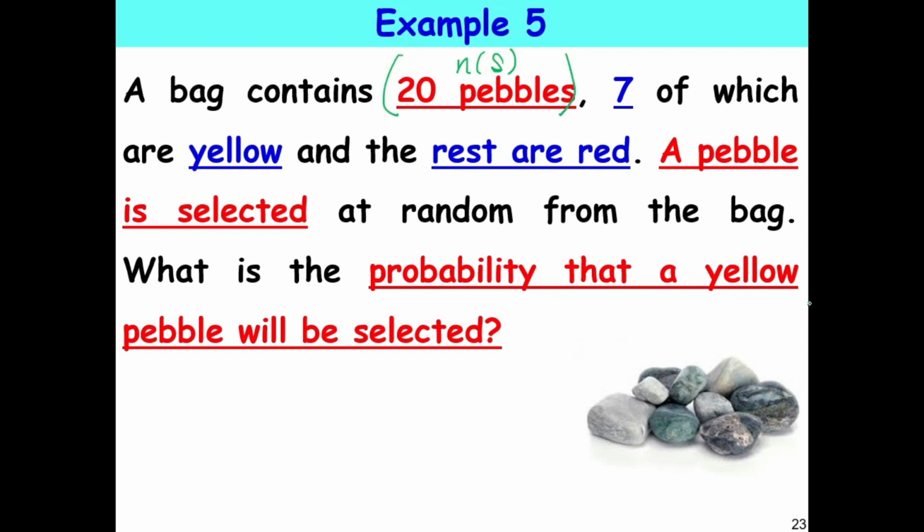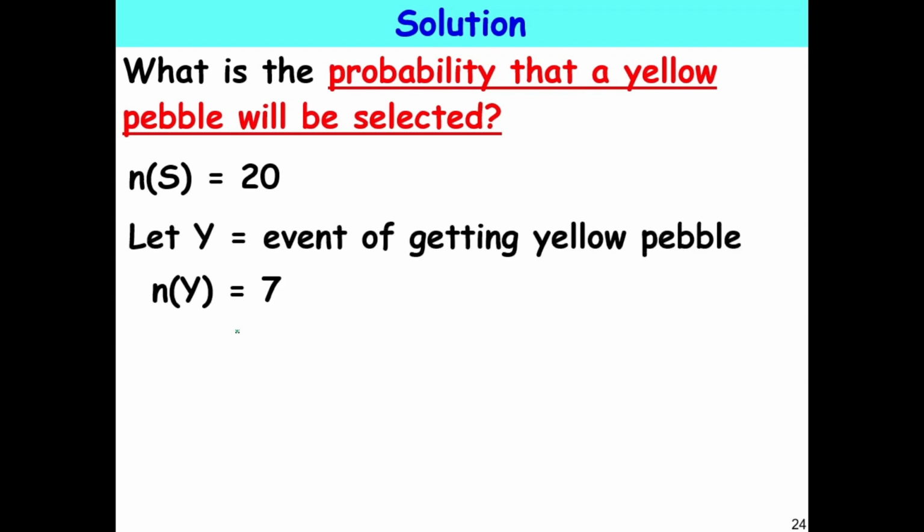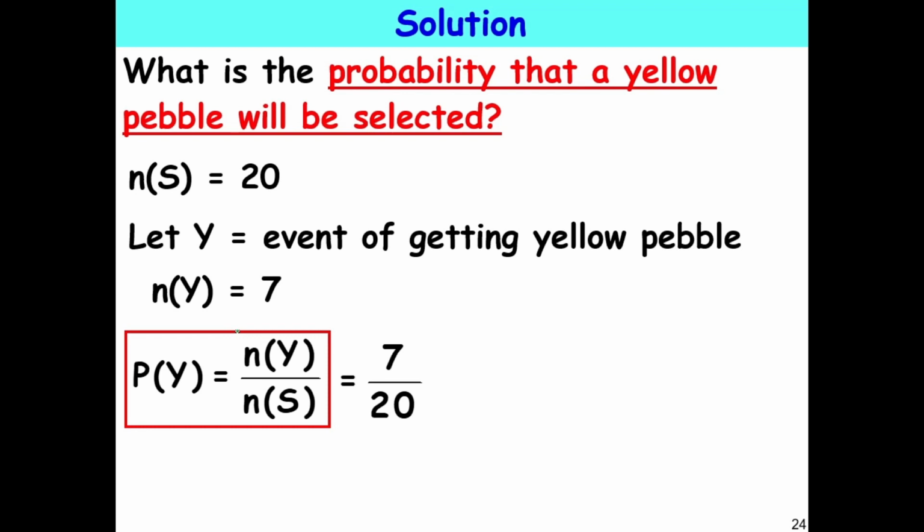The event now is the event of getting a yellow pebble. So let Y be the event of getting a yellow pebble. The number of yellow pebbles in the bag is 7. Therefore, the probability of getting a yellow pebble is 7 over 20.